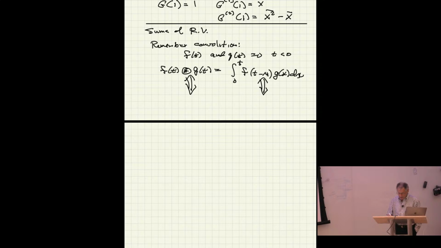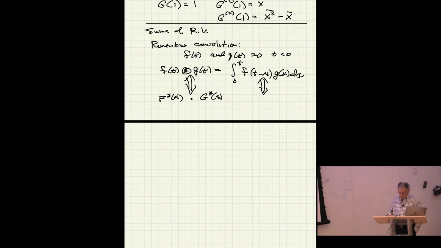If f of t has a Laplace transform f star of s, and g of t has the Laplace transform g star of s, what is the transform of the convolution of those two? The product. Does that sound familiar? We talked about that last time. So just multiply by this. Okay. So just warming you up to mixing some random variables.